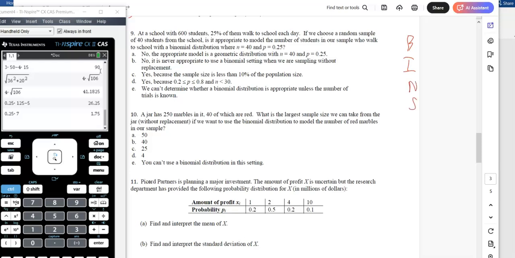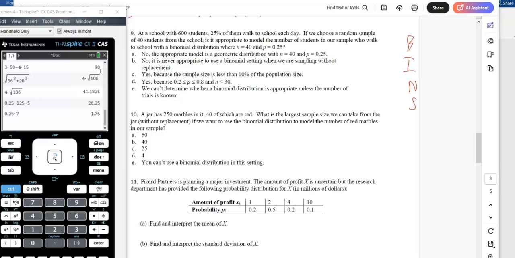So I guess walking to school or not walking to school is success or failure. Okay. Independent. Choose a random sample of 40 students. Seems independent. N is 40.